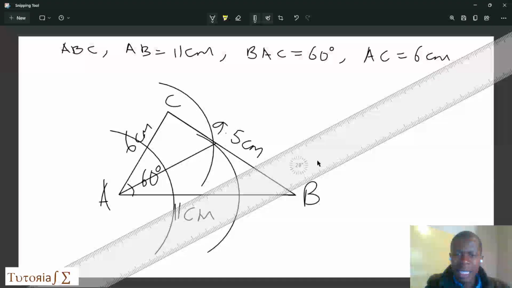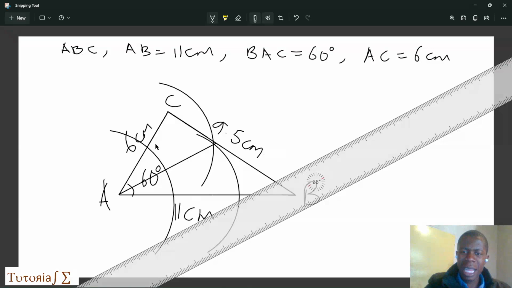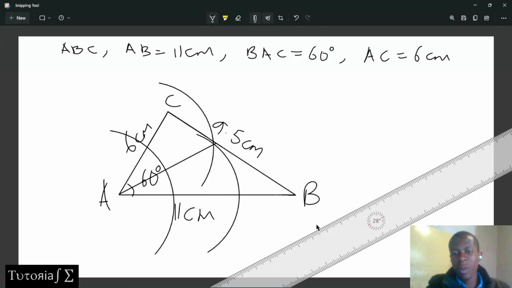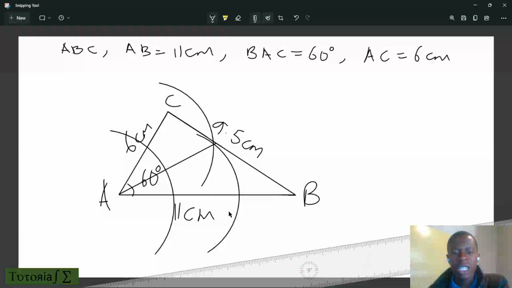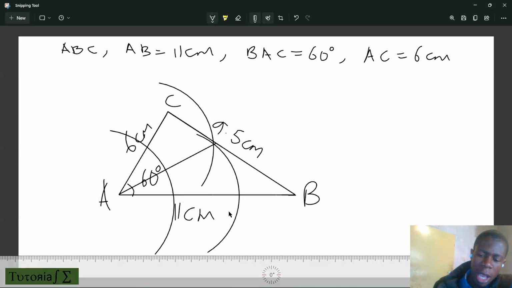So this is the line that is equidistant from AC and AB. So remember, it should be inside the triangle, as we are just following the instructions they've given us, right?